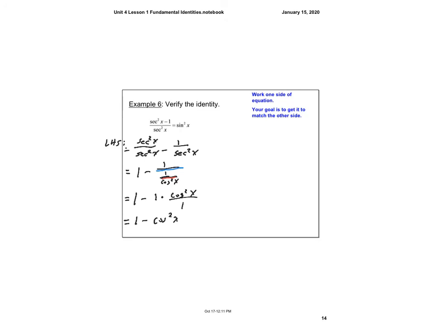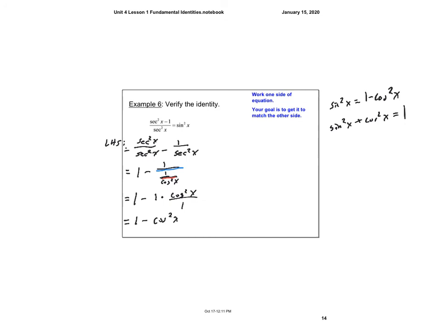So then, again, if you can recognize this, sine squared is equal to 1 minus cosine squared. You might want to write that down someplace so you have it in your brain. The other thing you can do is replace 1. We know that sine squared x plus cosine squared x is equal to 1.